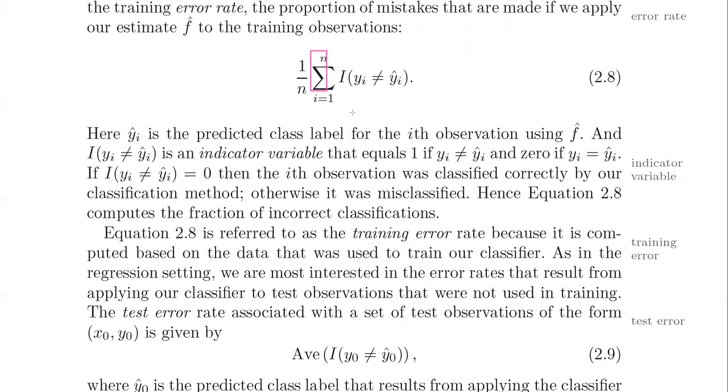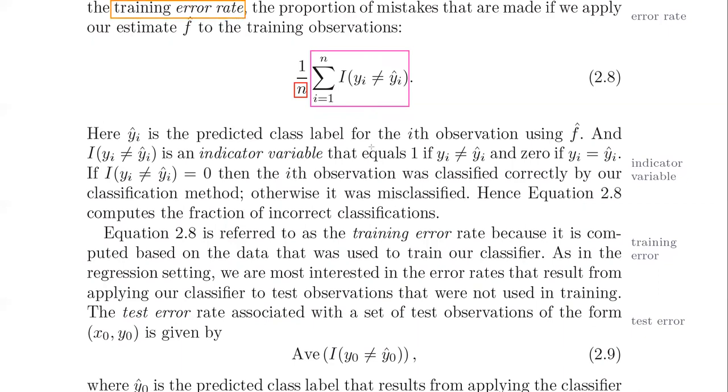This is the numerator, and it is as a proportion of this denominator. So worst case scenario, every single prediction is wrong when you compare it to the data, and you would have 100% training error rate. Now, how do you get this 100% training error rate?